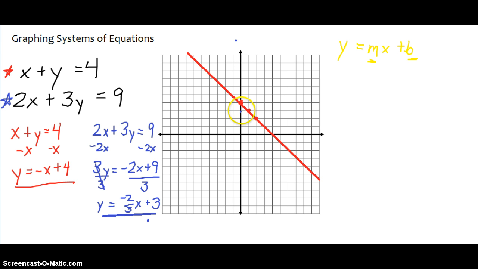Actually right here, at y equals 3. It also has a slope of negative 2/3, so I'm going to go down 2 and over 3. Down 2 and over 3. And I'm going to put a line between those 3 points.